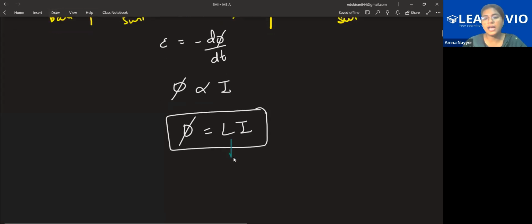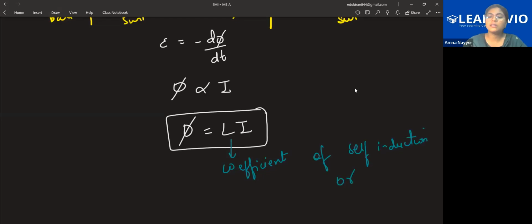This is known as the coefficient of self-induction, or even without this, you can directly call this self-inductance.